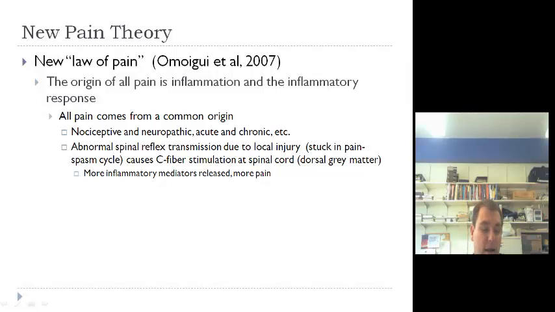Is there a way we can break that pain? Now, typically C fiber stimulation, like I said in the beginning, is chronic pain. So why would this be such a good example for an acute injury? Well, the article explains it, and doesn't explain it, to a point.